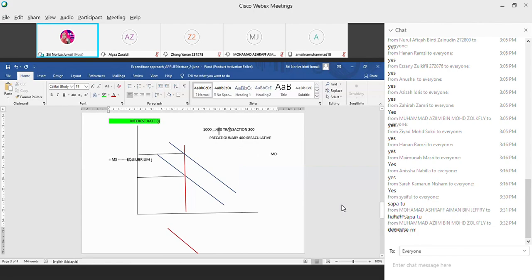The transaction is already reduced, which means your purchasing activity has dropped. So if the price increases but the interest rate also increases, you would better put your money in a fixed deposit, for example. Therefore you have to sacrifice buying activity, and you are not interested in borrowing money from the bank.